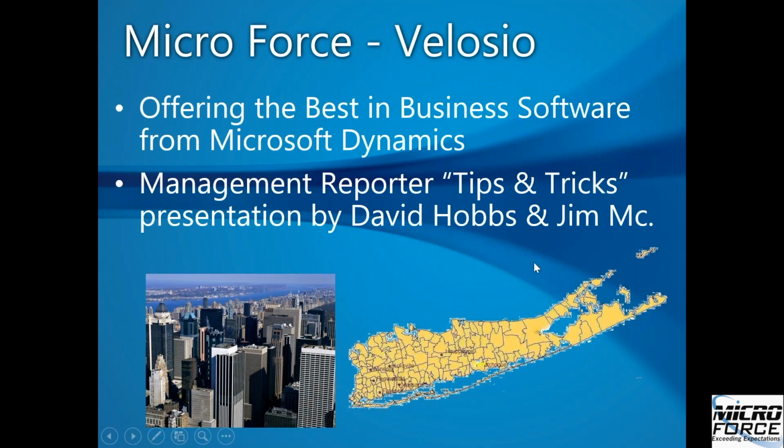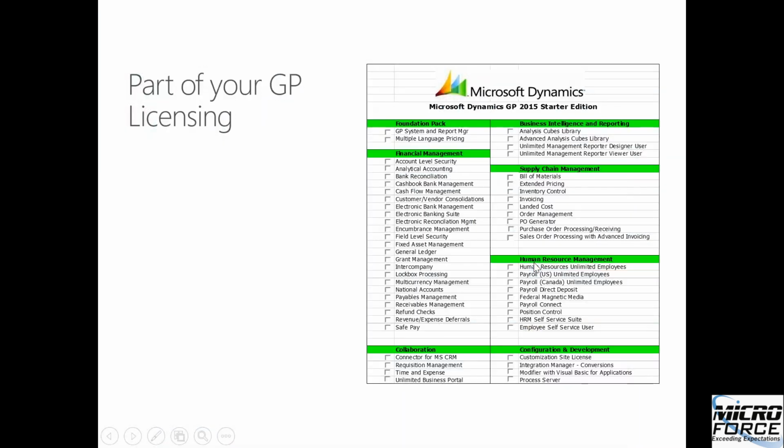I thought I'd take a moment just to share that Management Reporter is licensing that every Great Plains user has. But as opposed to Great Plains licensing, which is limited to a certain number of users based on what you've purchased, Management Reporter licensing, as noted here in the top right-hand side of this little layout, is unlimited.